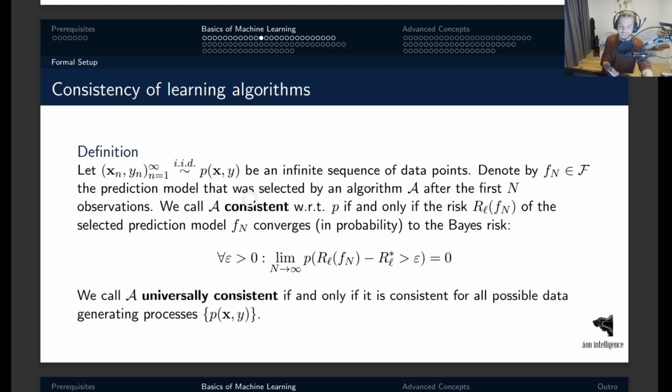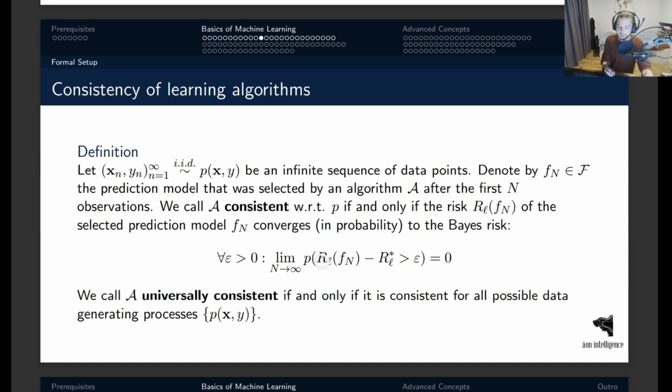We call A consistent with respect to P, the data generating process, if and only if the risk RL of the model that was selected by the algorithm converges in probability to the Bayes risk. And just as a reminder, convergence in probability means that for every epsilon greater than 0, the limit as n goes to infinity of this probability goes to 0.